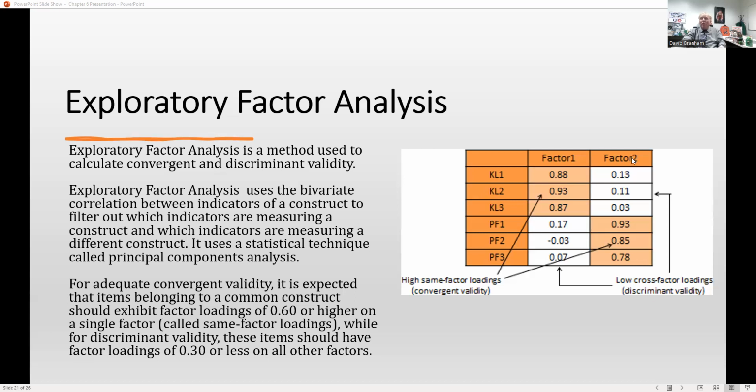On factor two, the logical intelligence, we know that KL1, KL2, and KL3 are not measuring logical intelligence. That's discriminant validity. They all have scores of 0.3 or less. But PF1, PF2, and PF3 all have factor loadings of above 0.6, so they are measuring logical intelligence, and that is convergent validity.